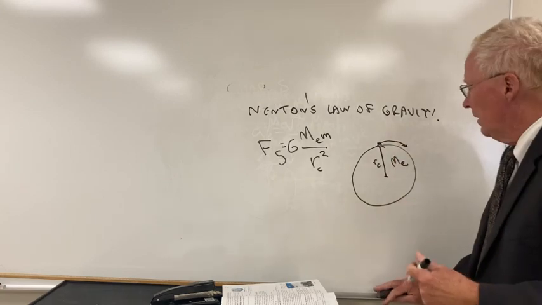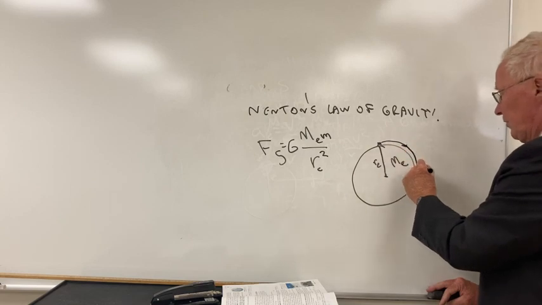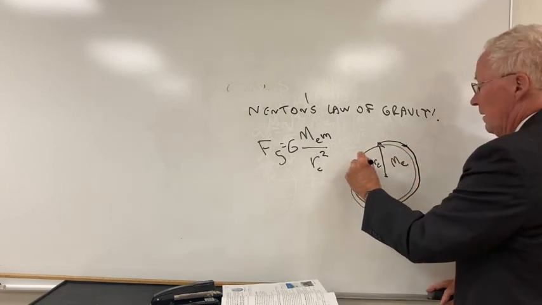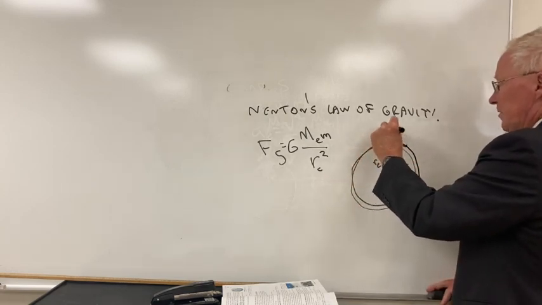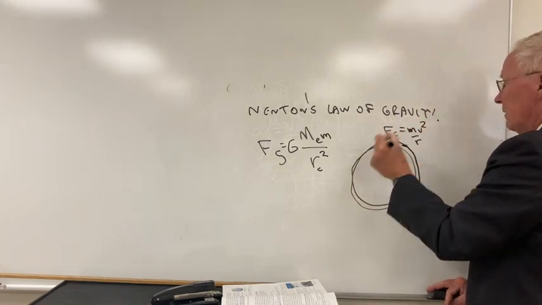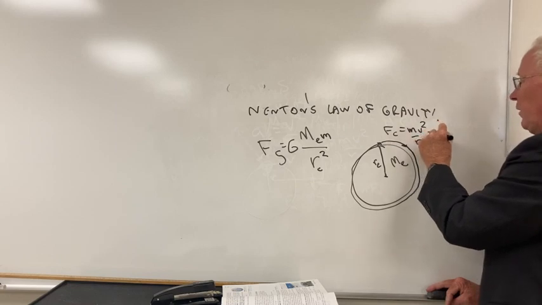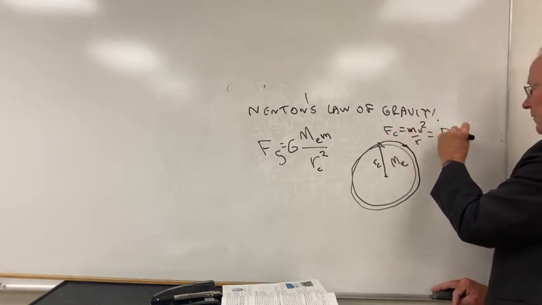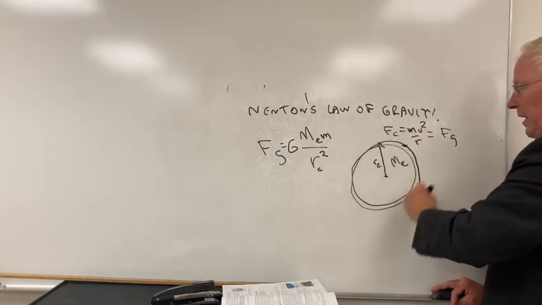When it's in circular motion, the centripetal force, mv squared over r, depending on how fast it's going, equals the force of gravity, so it stays in a balanced circle.